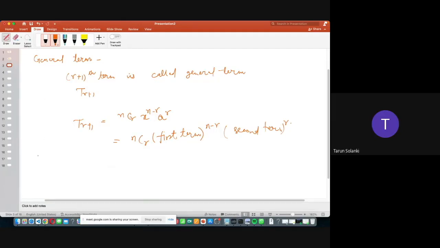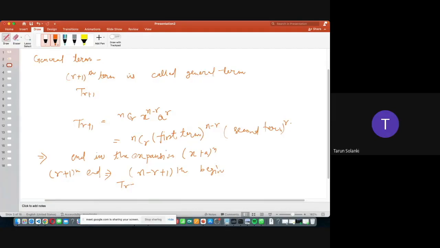One more thing, to find a term from the end in the expansion. Given the expansion, the (r plus 1)th term from the end becomes the (n minus r plus 1)th term from the beginning. This from beginning, this from end, right?